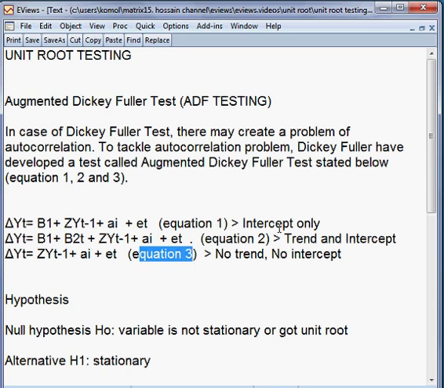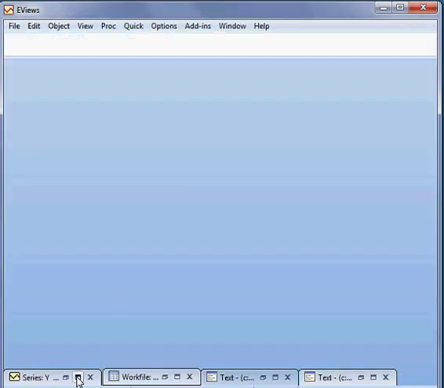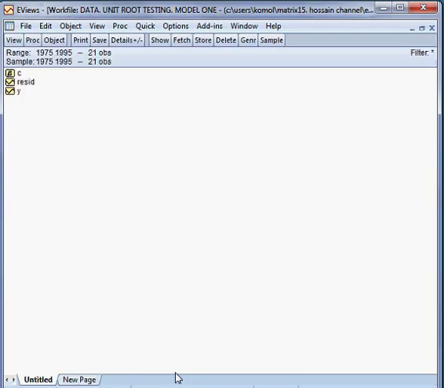Okay, so there are three things. One has a constant, the second has trend and constant, and the third has no trend and no constant. Suppose this is my model.